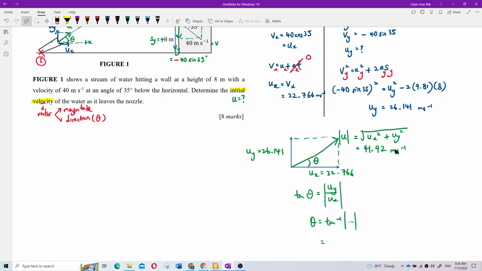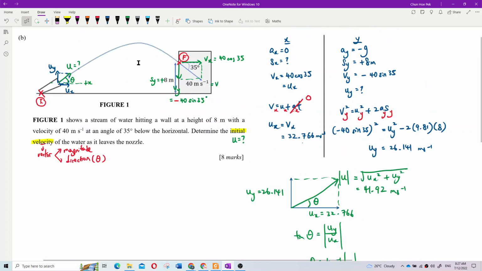So it's 26.141 divided by 32.766, and then anti-tangent. Okay, 38.58 degree above positive x-axis. Anyway, this is the answer I got. Above the positive x-axis.